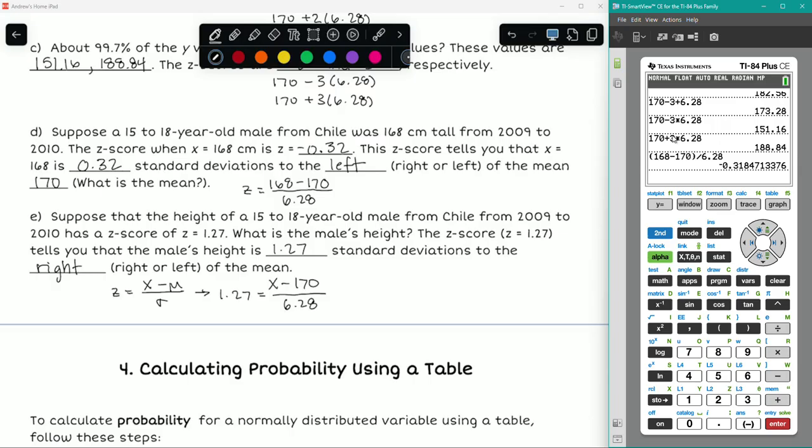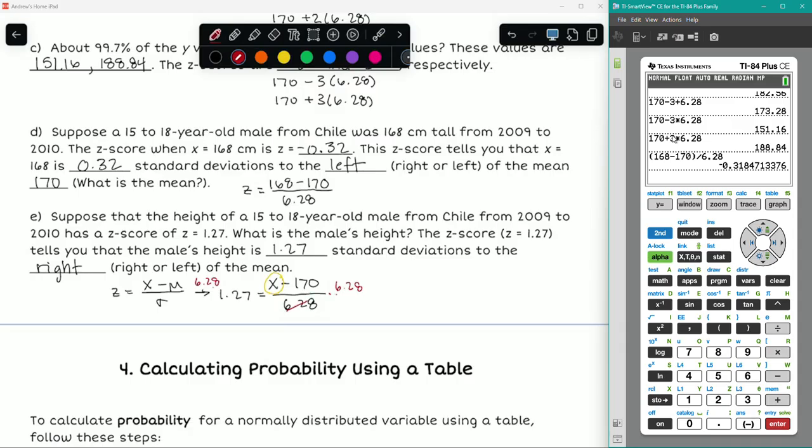And I want to solve for x. I want to get x by itself. So I'm going to do a little algebra here. I know to undo fractions, I can multiply by their denominator, because if I multiply this by 6.28 on top, those things will cancel. So let's go ahead and multiply both sides of that equation by 6.28.